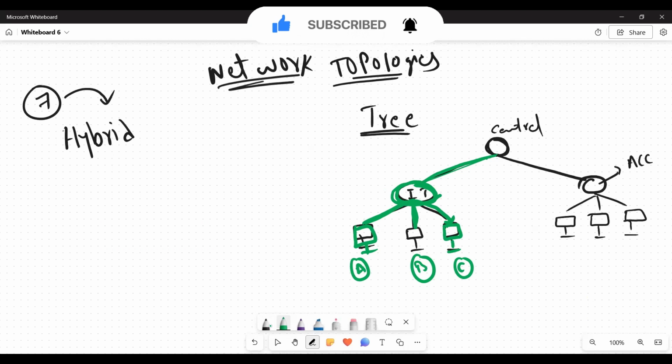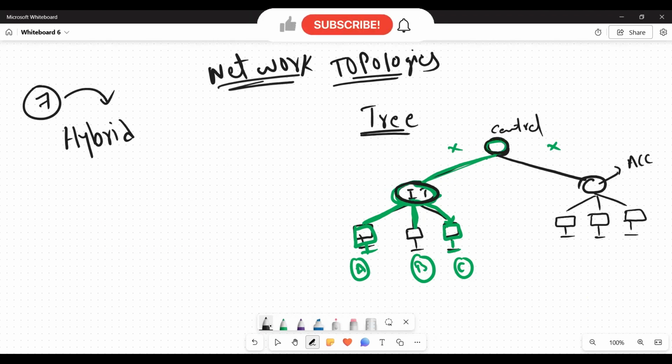Whenever any issue occurs inside the central hub, both the IT department and accounts department connections will be lost and there is no data transfer between the two departments. Now, if an issue occurs only inside IT, then the central hub will work as expected, and the accounts department also works fine, everything except IT.